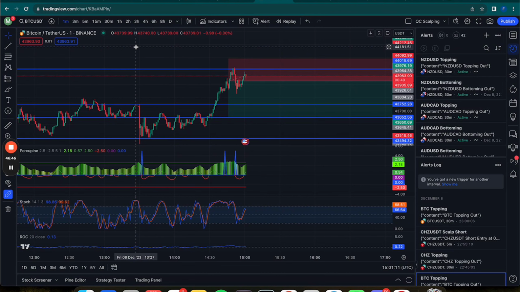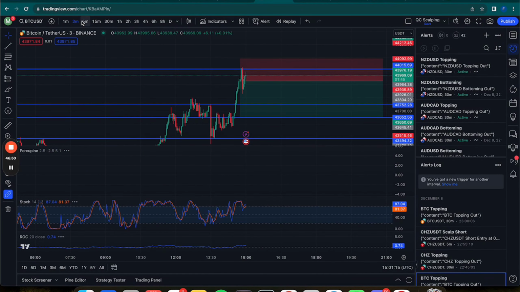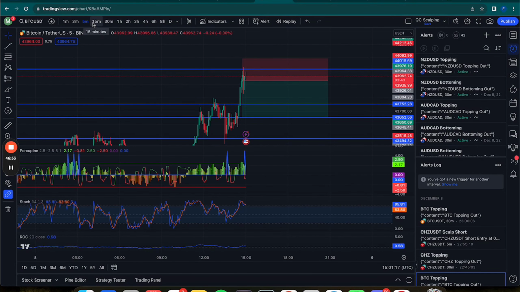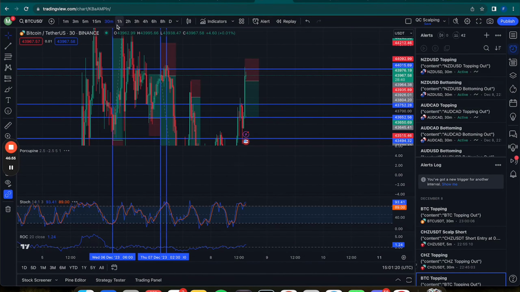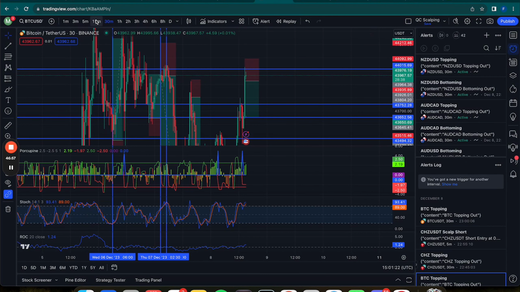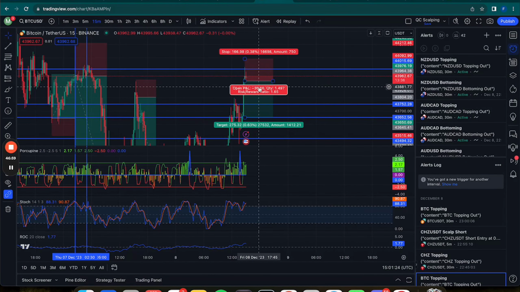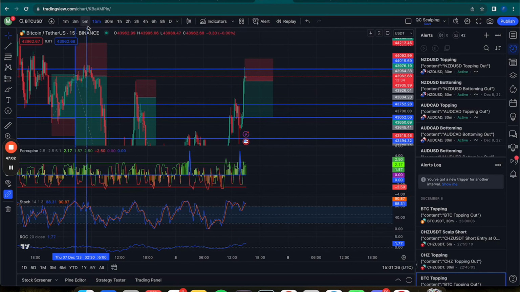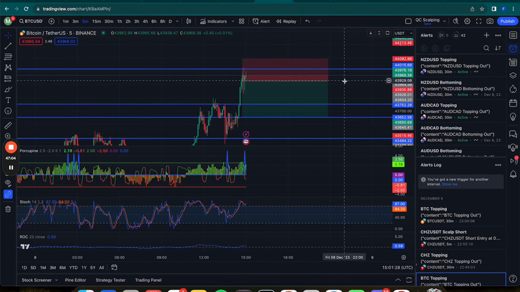Here we're watching the 1 minute, the most eventful time frame out of these, obviously. We just want to see this movement turn to the downside, especially when we have this movement to the upside here.